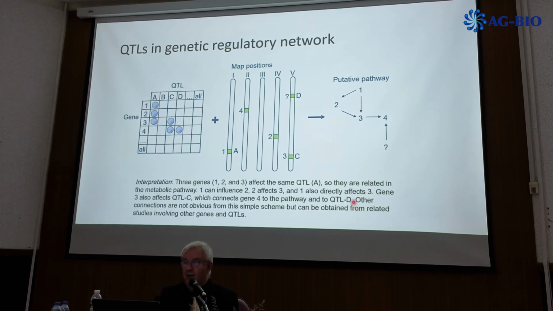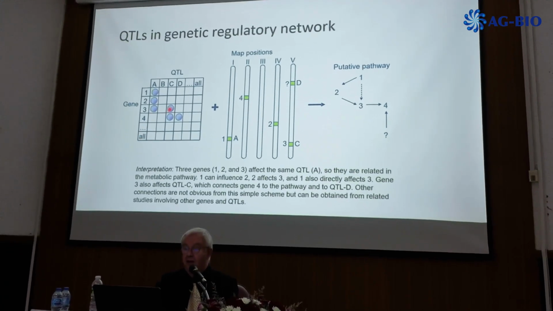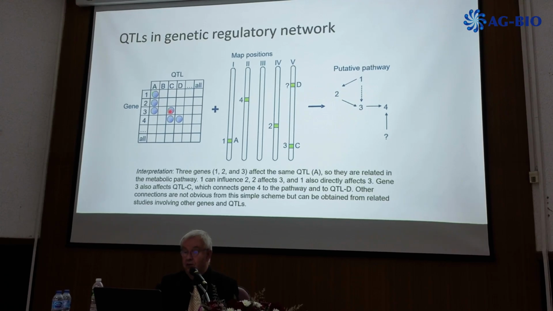Now, to understand a little bit these QTLs in a genetical network, we have to realize that one gene can correspond to one QTL, or one QTL has 3 genes, 1, 2, and 3, that control together a single QTL. In the case of gene 3, you see that not only QTL-A, but also QTL-C is involved.